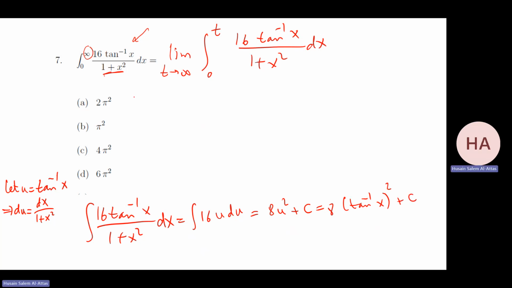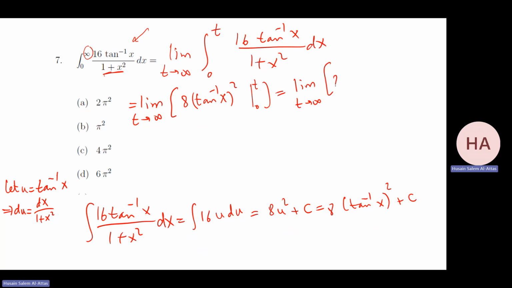Now let me do the calculation. The limit as t goes to infinity of what? This integral is 8 (tan inverse x) squared from 0 to t. That will be the limit as t goes to infinity of 8 (tan inverse of t) squared minus 0.